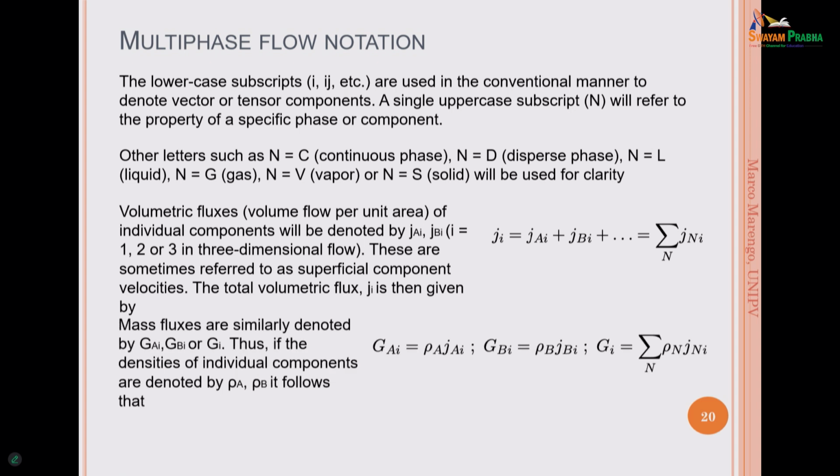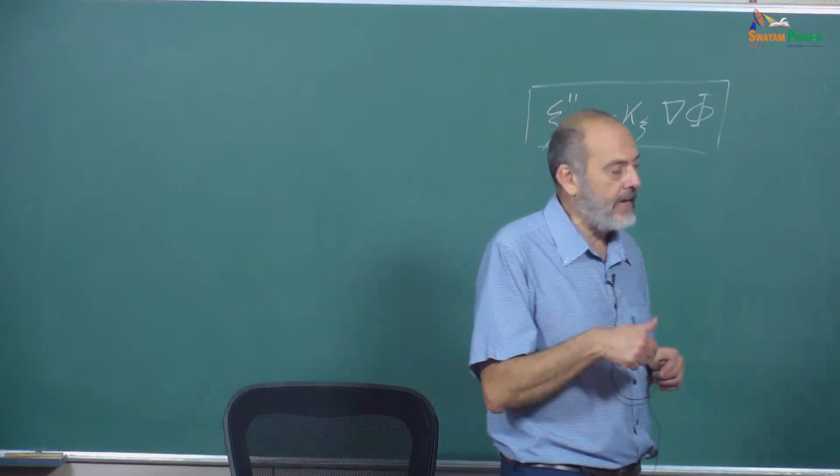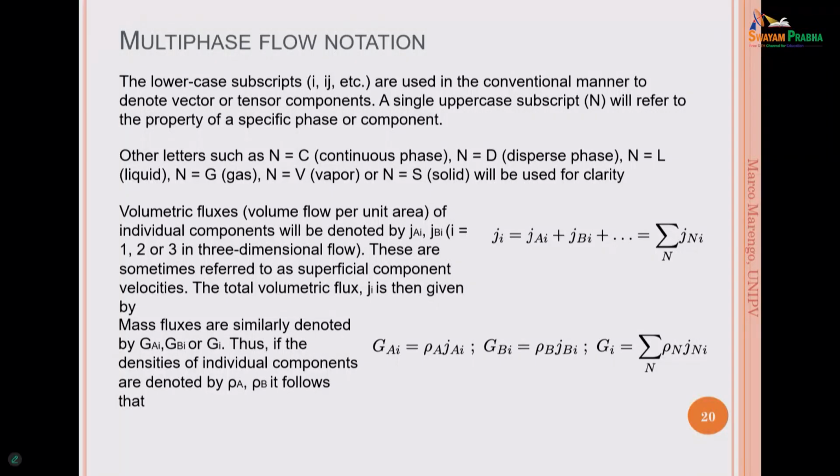We also have the mass flux. We are going to use the letter G. So G_A of the component A in the I direction will be rho_A J_iA, and so on. I think that is clear enough.